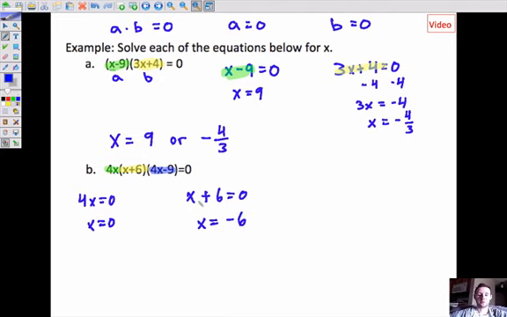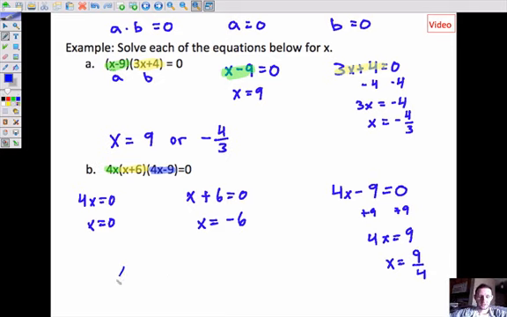Remember, again, I'm looking for what x value is going to make this left side equal 0. Part 3, 4x minus 9 equals 0. We end up with x equals 9/4.